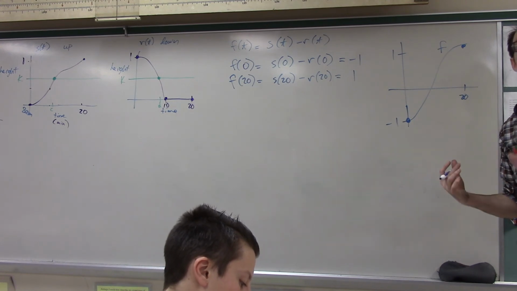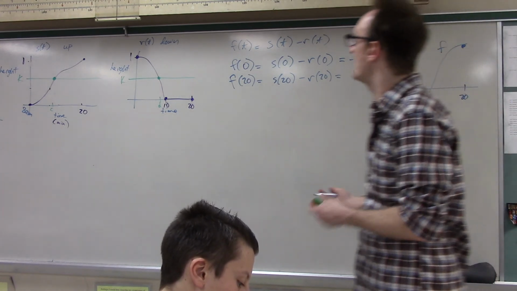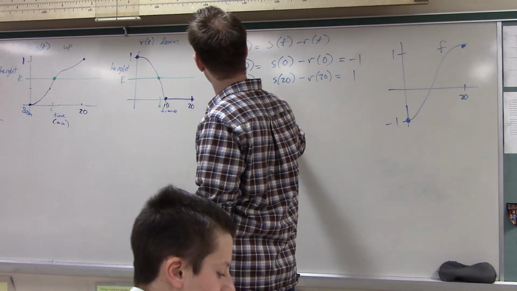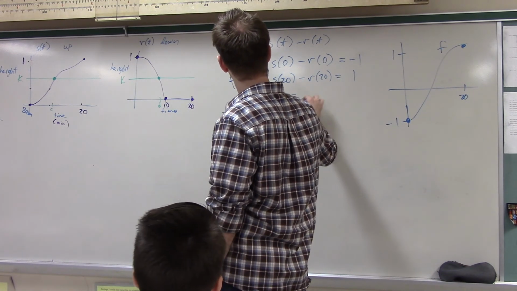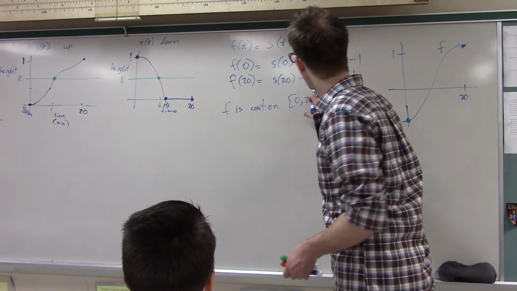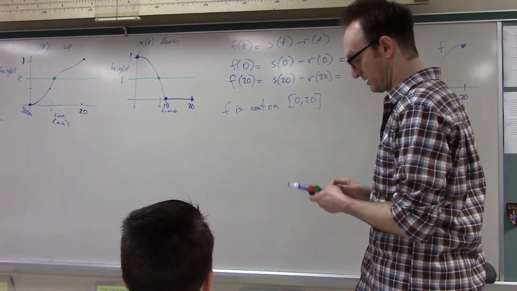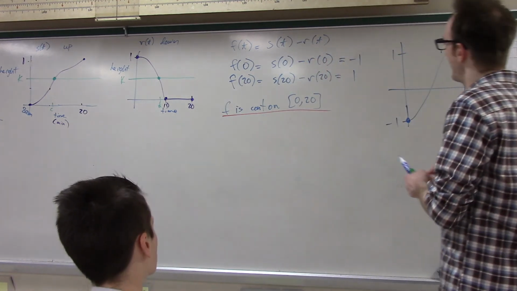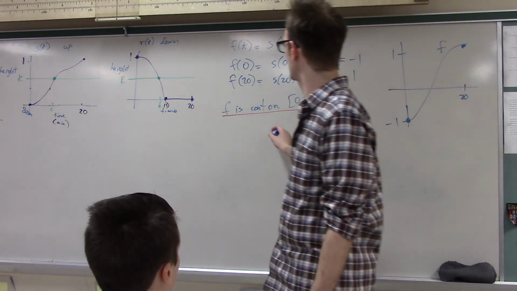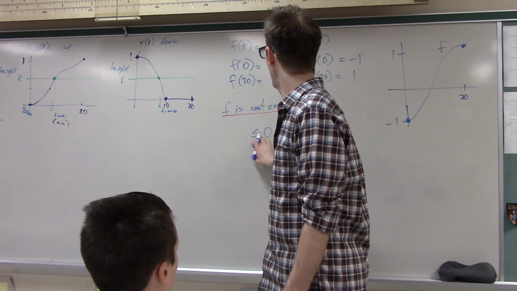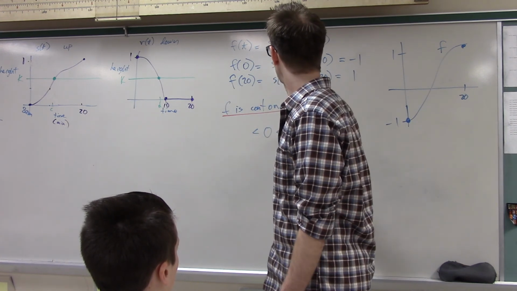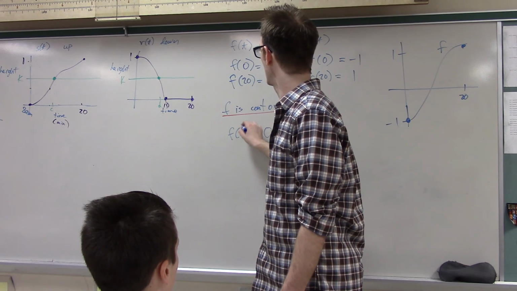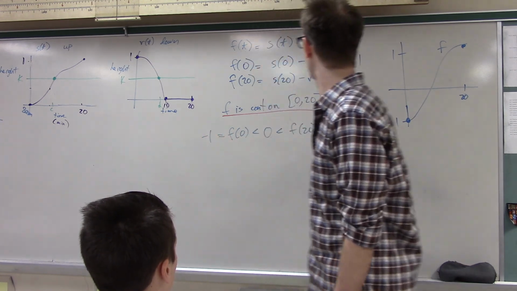Basically now we apply the intermediate value theorem to f. So f is continuous on the interval 0 to 20, and that's one key step. And then the other key step is suggesting a y value, and here the y value we suggest is 0. So 0 is some y value between f of 20 and f of 0. F of 0 is -1 and f of 20 is 1.